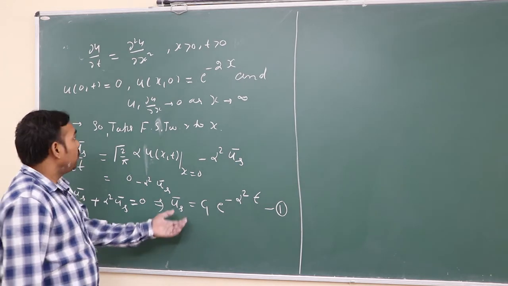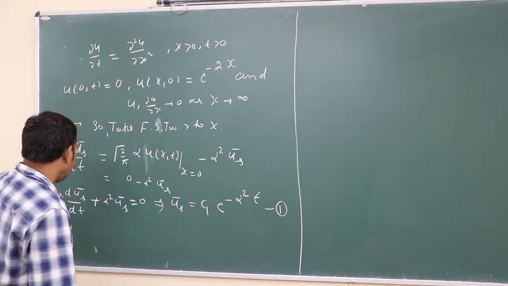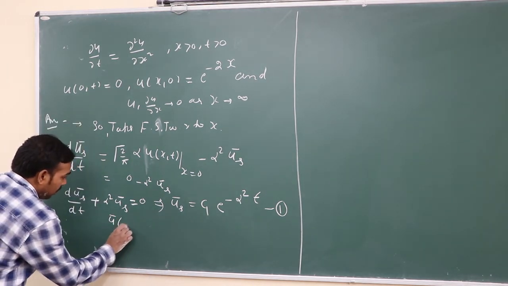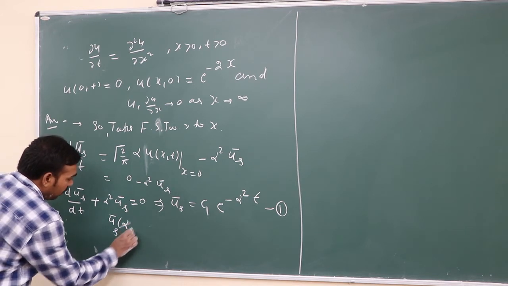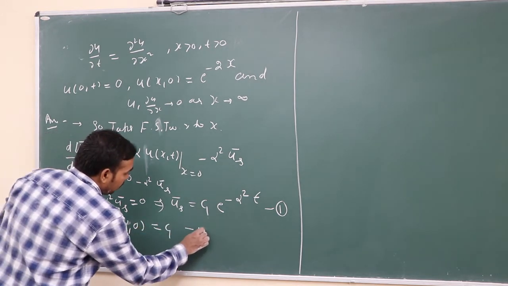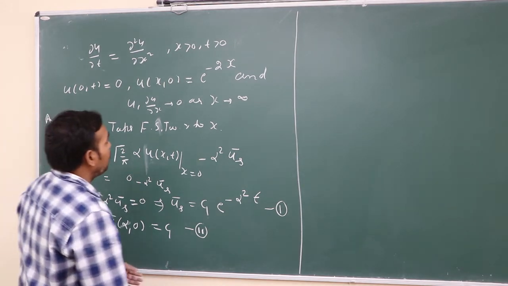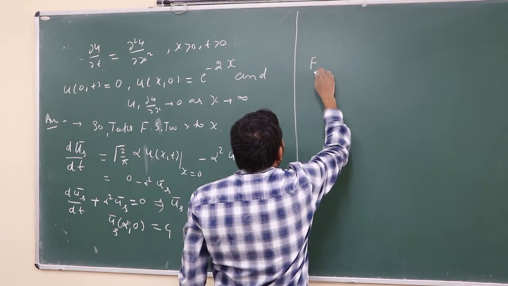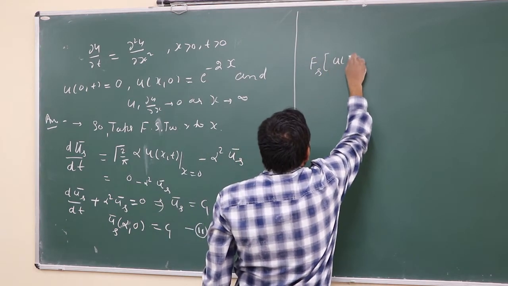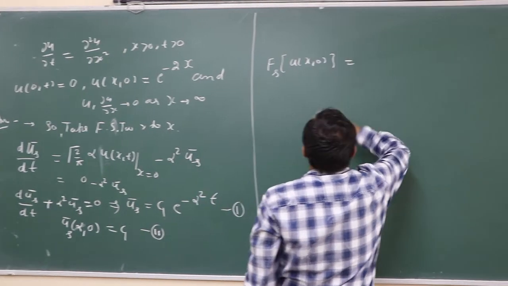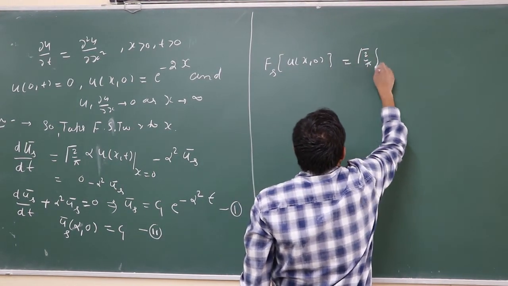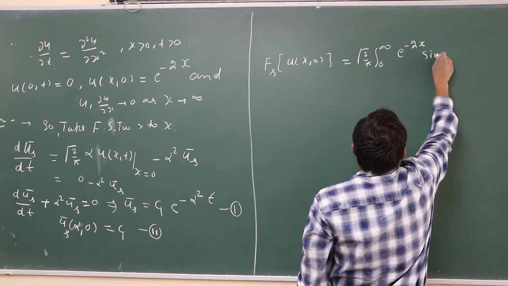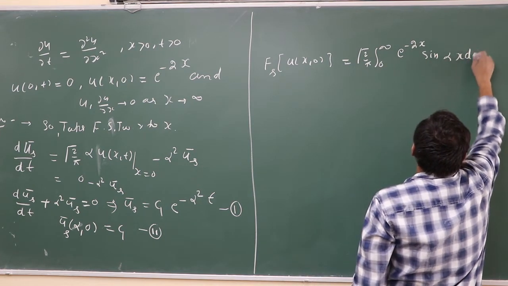Now with the help of this we want to find the constant. Here u_s(alpha, 0) equals c1, this is 2. Given that u(x,0) equals e to the power minus 2x, take the Fourier sine transform of u(x,0), equal to under root 2 upon pi, integral 0 to infinity of e to the power minus 2x sine alpha x dx.